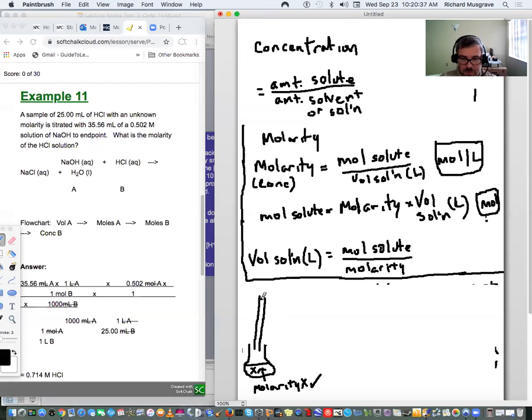And in this burette, it's not a very good picture of a burette, but you know what a burette looks like, we have some solution Y that we don't know the molarity of. But what we do know is the volume of Y that gets added.